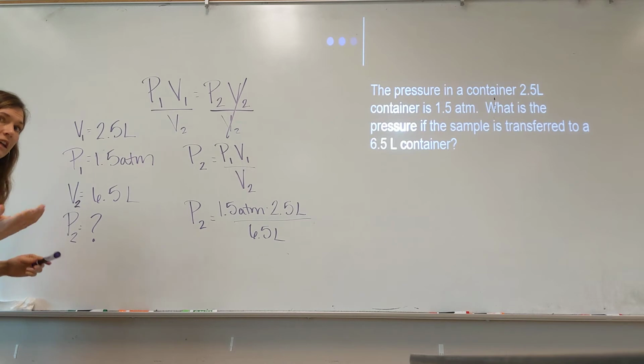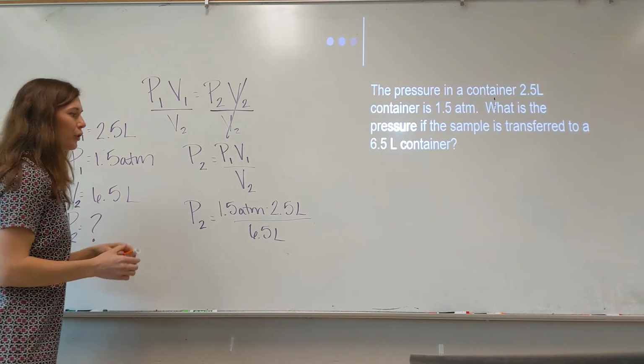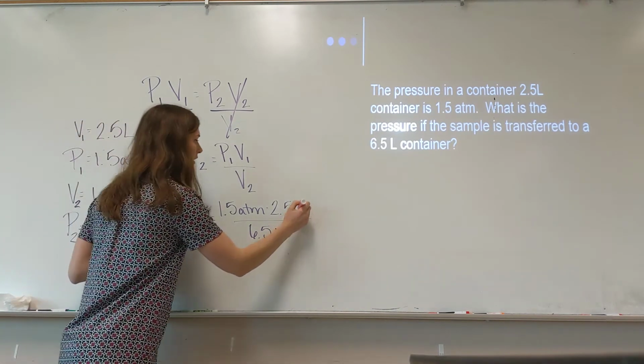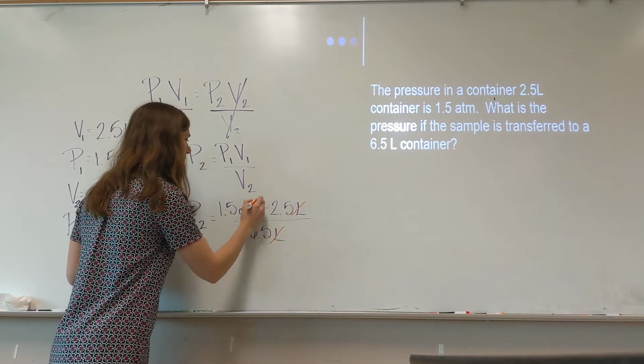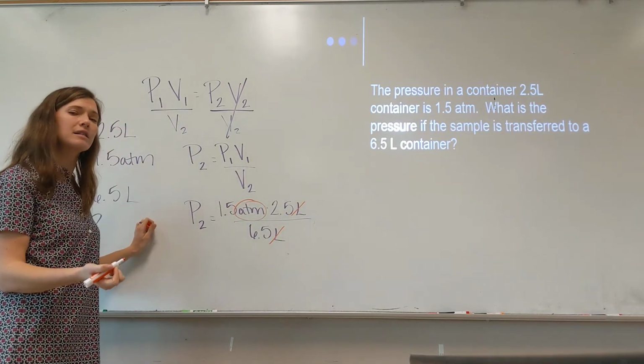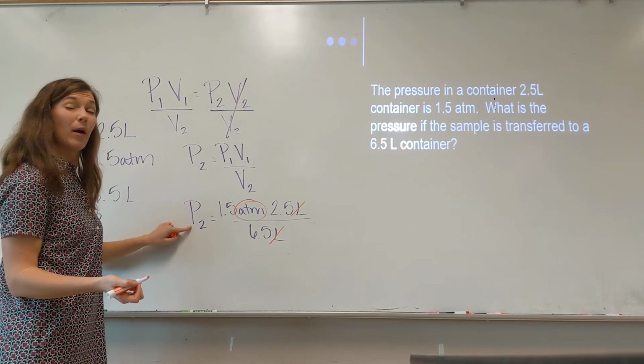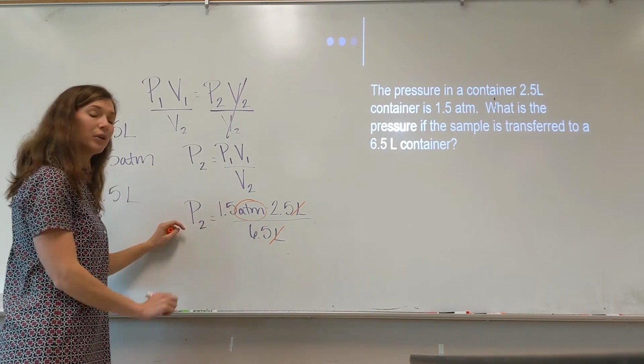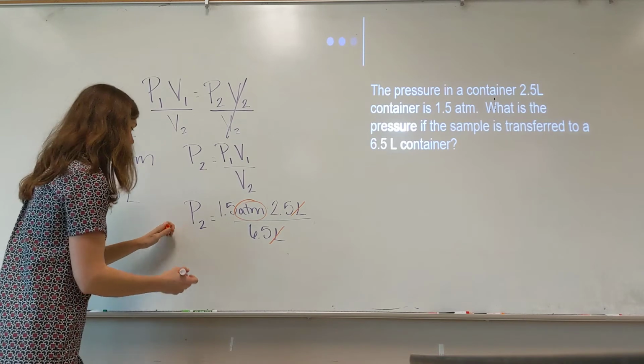And before we get our answer this time, we want to make sure that our units are correct. Liters cancel with liters. I'll be left with atmospheres. Is that correct? Well, I want pressure. Atmospheres are a unit of pressure, so I'll be good to go.